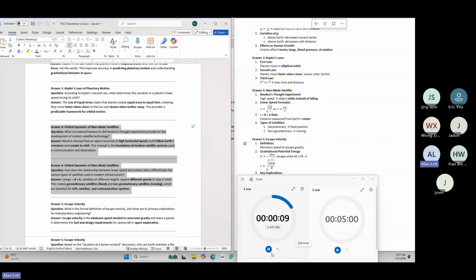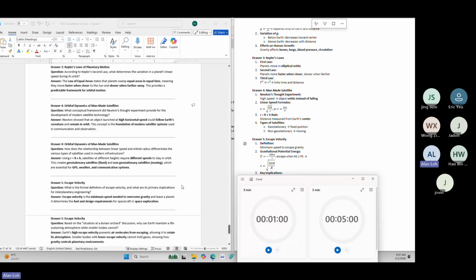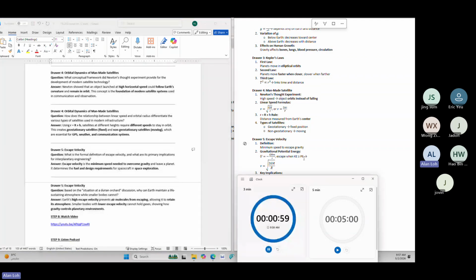Ten seconds. Right? Drawer 5 leveled up to 7. Let's do it now.